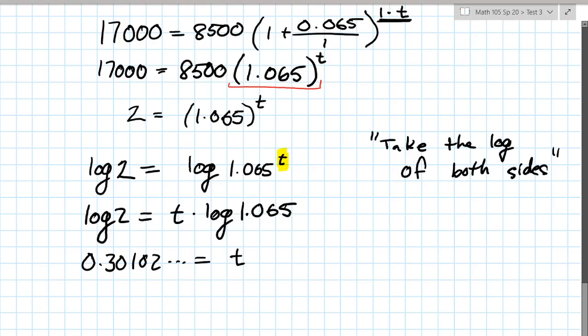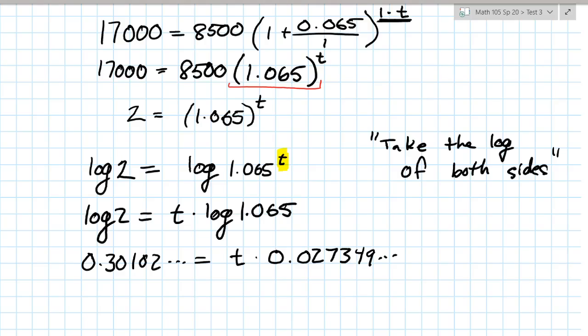The log of 1.065 is 0.027349 and a bunch of decimal places. So we want to get this over to the other side, and since it's connected to the t by multiplication, we're going to have to divide both sides by that number.